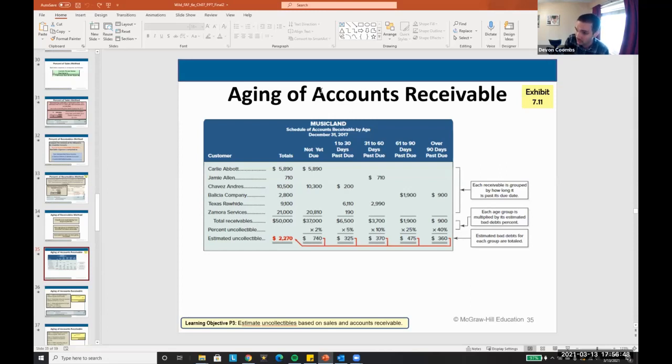Like, we're not sure. And why? Because of exactly this. If we're basing estimates off historical data, and we know that we don't know what the customers are going to do, we know something's going to be different. We know fewer customers can pay, but we know our estimates are going to be off. But we can't change our estimates because we don't know what they're going to do, right?